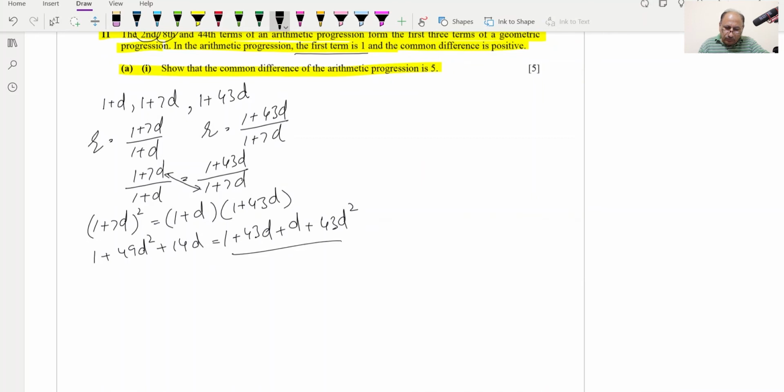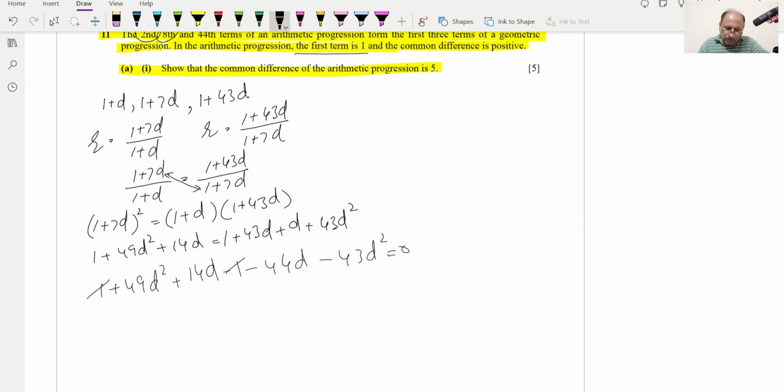We can shift everything to the other side, so we will get 1 plus 49d squared plus 14d minus 1 minus 43d, and this will be minus d, so we can write 44d, and minus 43d squared is equal to 0.